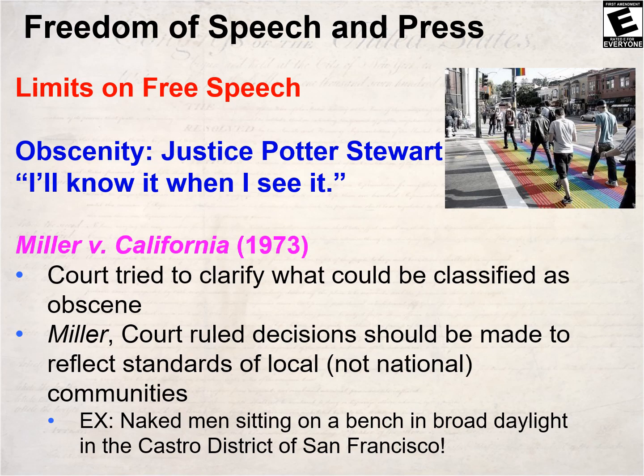And based on community standards, that was not considered obscene. And I was scarred by that experience. It's burned into my brain. But again, it's a local standard. It's not a national standard. So it might be obscene here, but it's not obscene in San Fran.